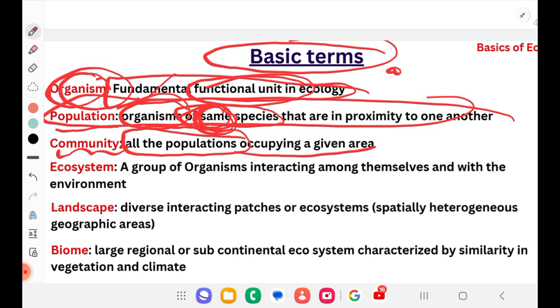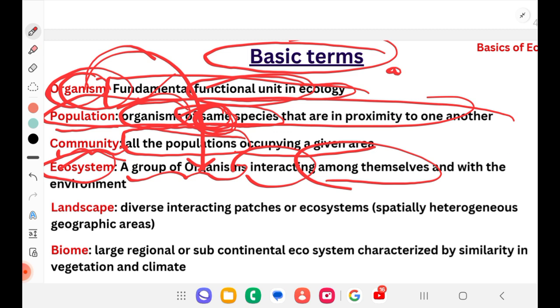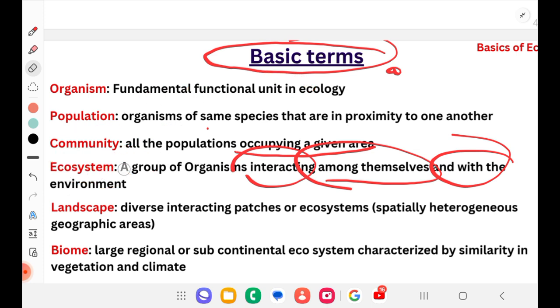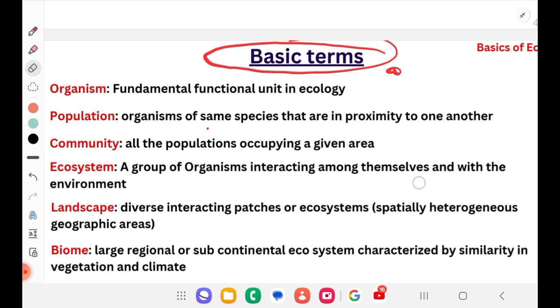Then comes the ecosystem: a group of organisms interacting among themselves and with the environment. So now we have seen what an organism is. If it is interacting among itself, or themselves, and also with the environment, then we say it is an ecosystem.